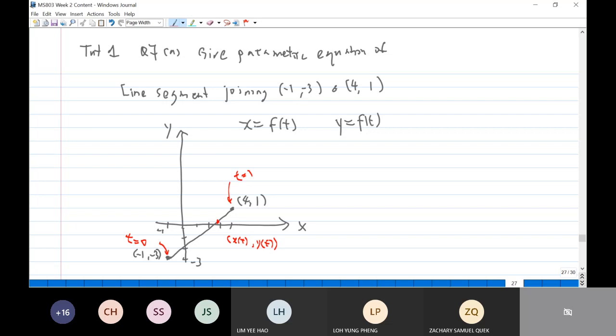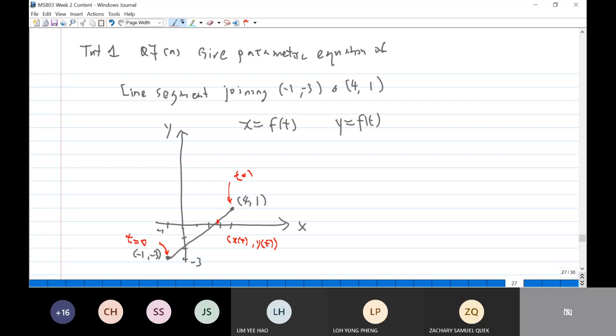I'm going to use something like proportion to get this. So I want t equals 0, x equal to minus 1, and t equal to 1, x equal to 4.